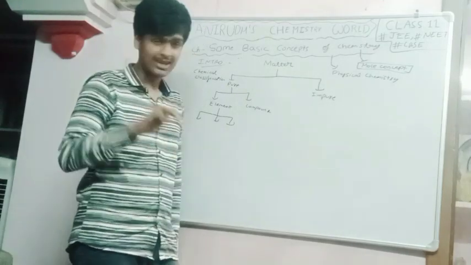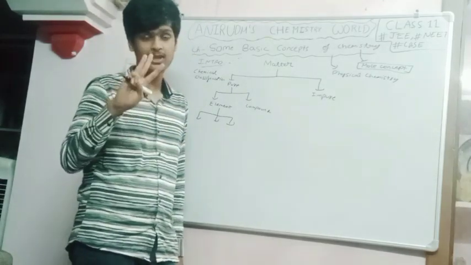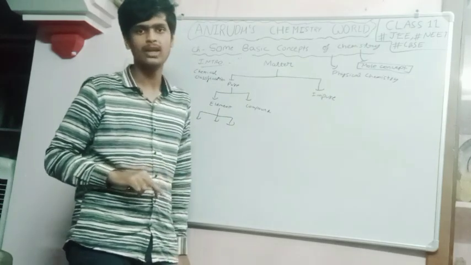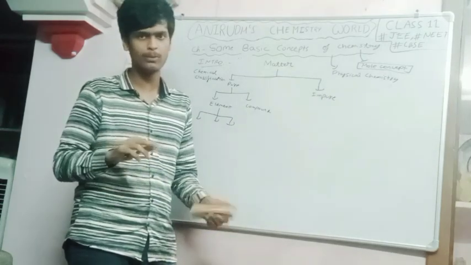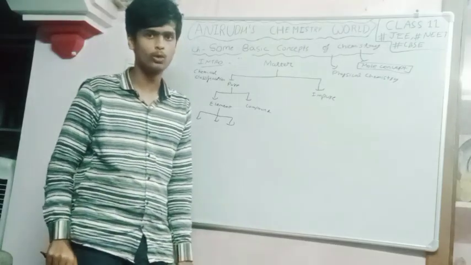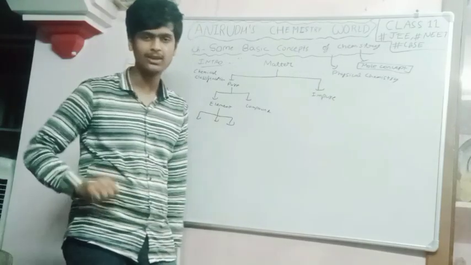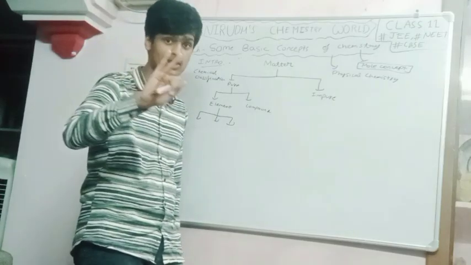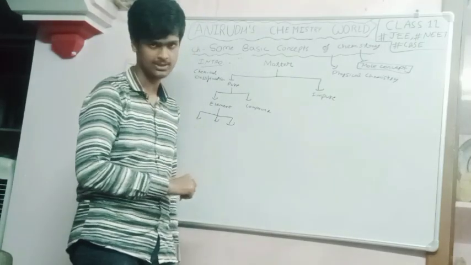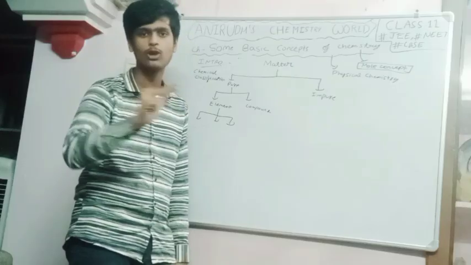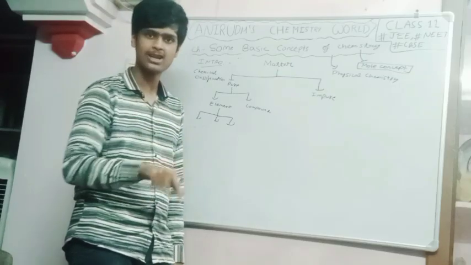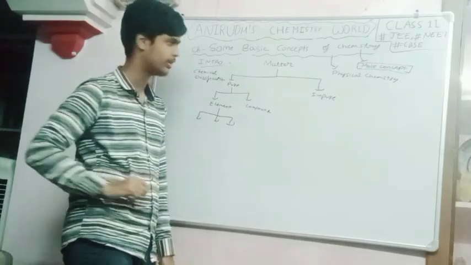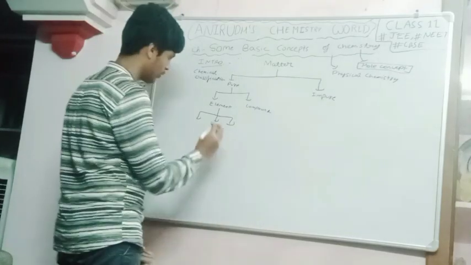These elements are classified into three types. First one is metals, second one is non-metals, third one is metalloids. You might know metals and non-metals from your lower classes, but it might be the first time you are hearing about metalloids. Okay, let us see.